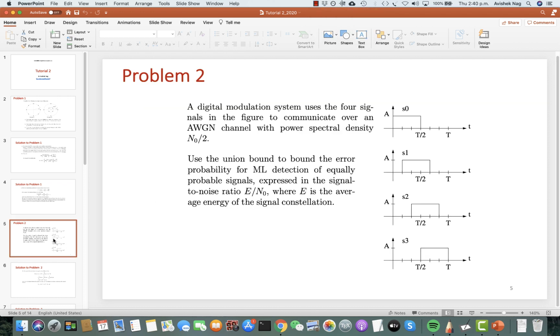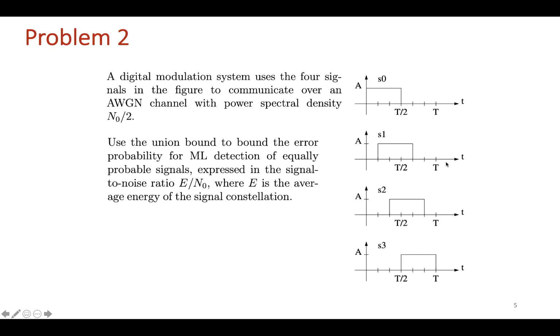Okay, now let's move to the next problem. Here we have four signals S0, S1, S2 and S3, which are given like this. Let's say a digital modulation system uses the four signals in the figure to communicate over an AWGN channel with power spectral density N0/2.